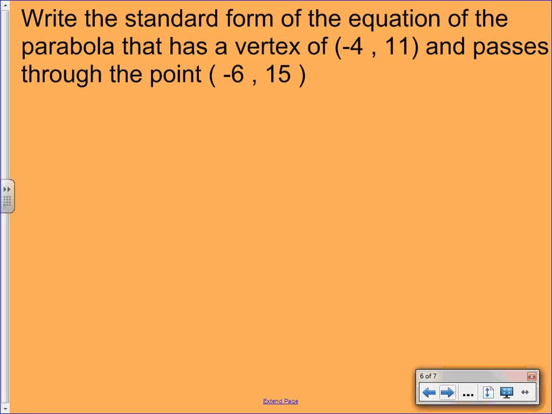Okay. So first of all, they want it in standard form, which means we need it to look like f of x equals a times x minus h squared plus k. We need to figure out what a, h, and k are. Do we know any of those?